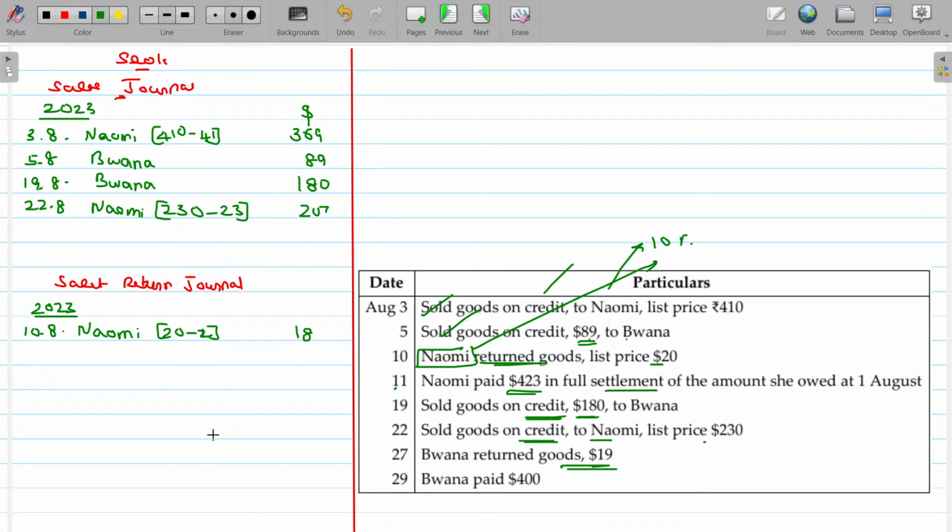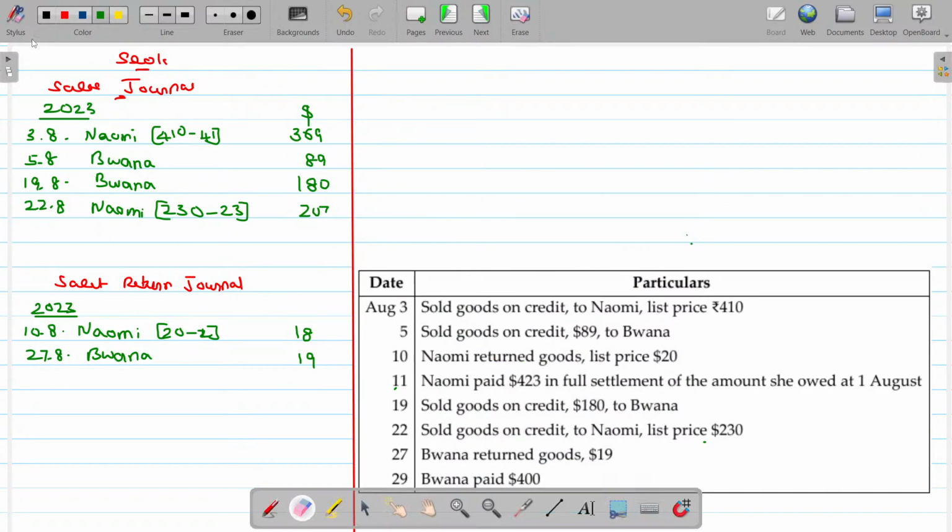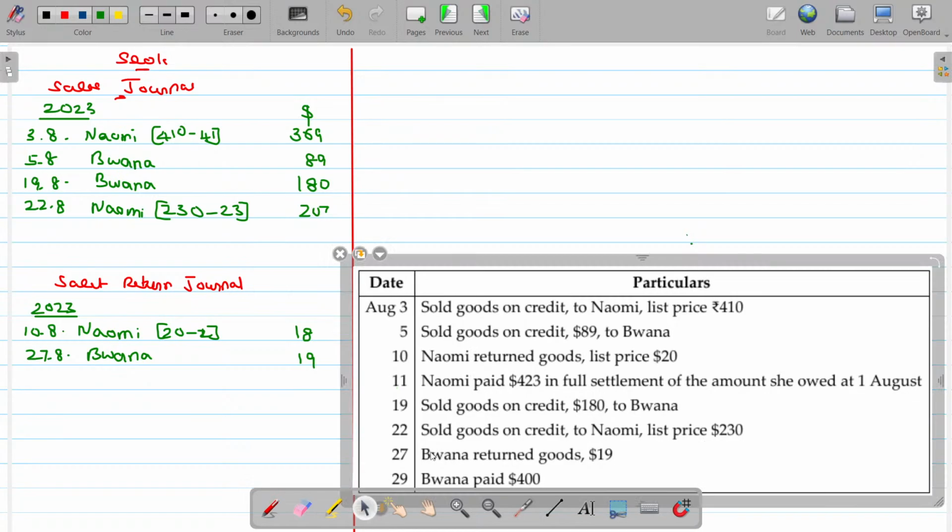Bhuwana returned goods 19 on 27th August. There is no adjustment for the discount here. And Bhuwana paid 400, not required to be shown here. Clear? So I have completed posting all these things.